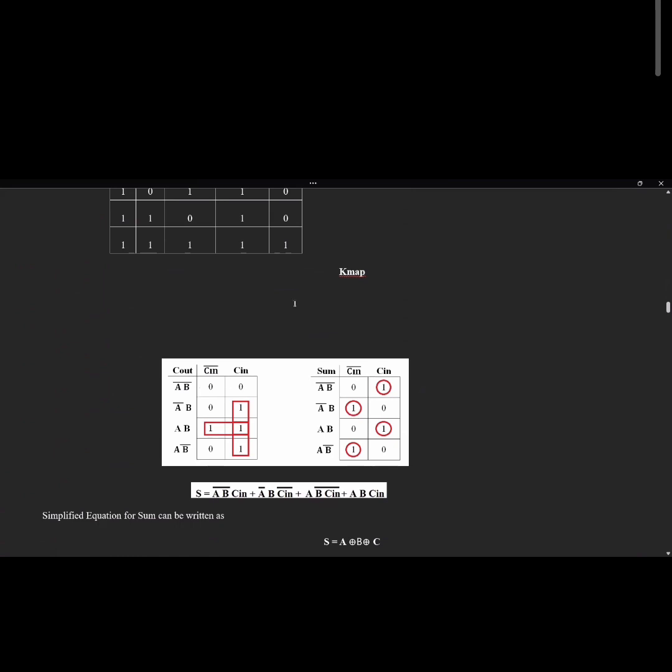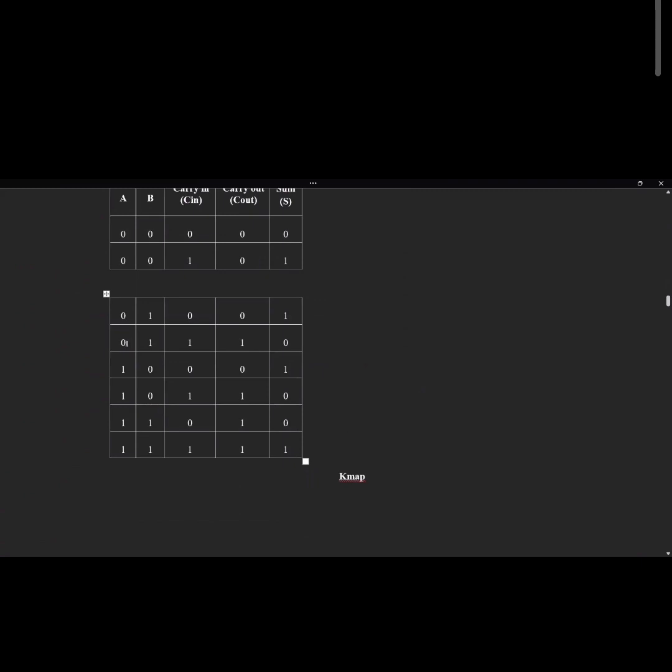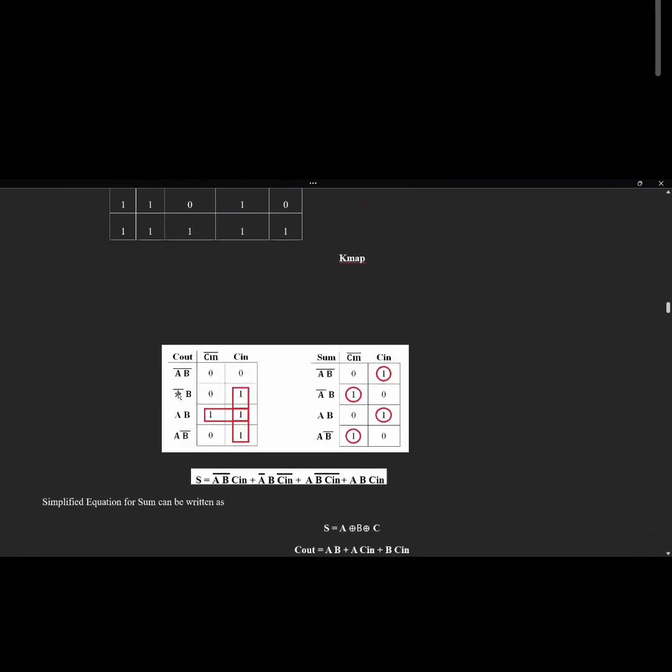Next is carry out. That is also the same. When carry out is 1, A is 0, B is 1, carry in is 1. In this place we have to write 1. Like that we have to fill the K-map. But in sum we won't get any pairs. We get single terms, but in carry out we get 3 pairs.